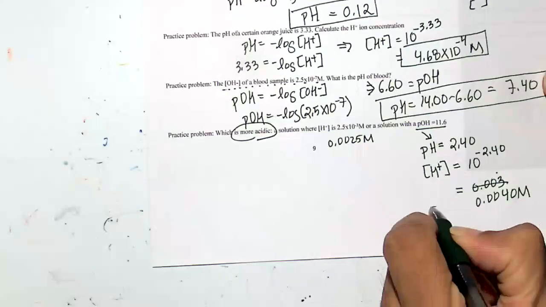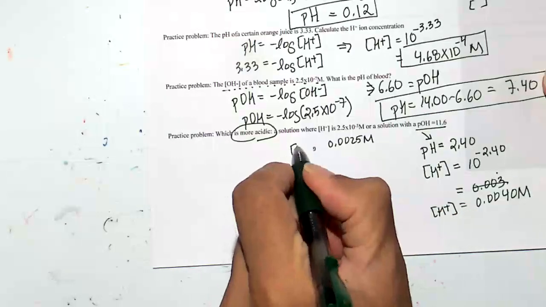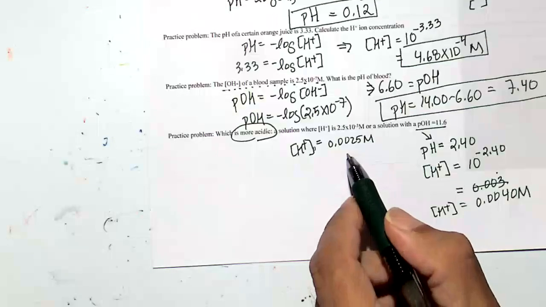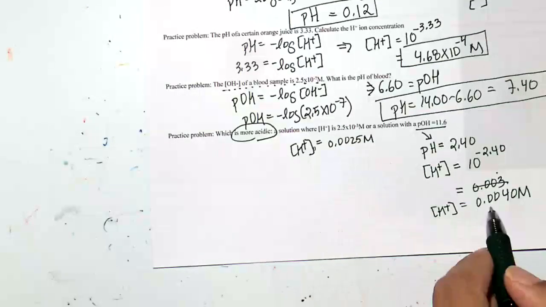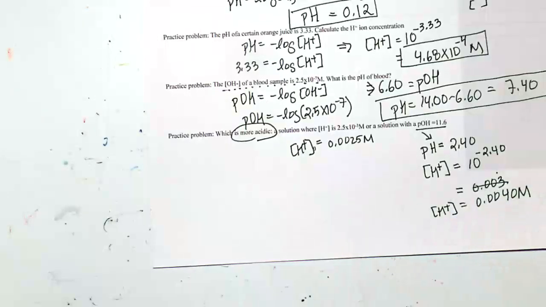All right, so which is more acidic? Something with the H plus concentration of 0.004, or something with an H plus concentration of 0.0025? Which has more H plus? I think this one does, right? More H plus. Yeah. So this is more acidic.